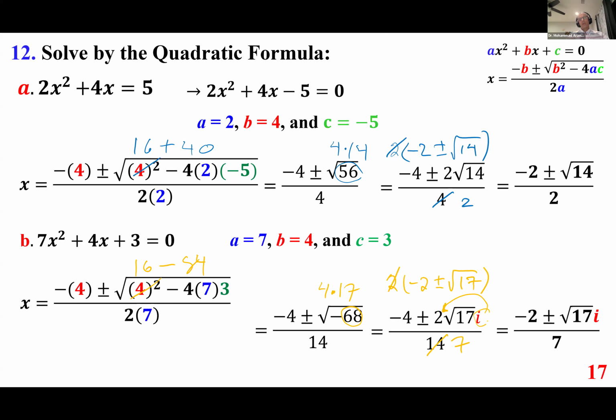And this is what we get: -2 plus or minus the square root of 17 i, over 7. There are 2 answers. And again, in case they ask you to put it in standard form, it would be -2 over 7 plus or minus the square root of 17 over 7 i. So those are 2 answers.